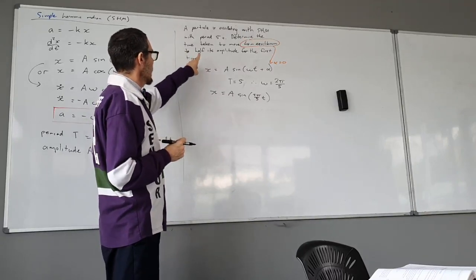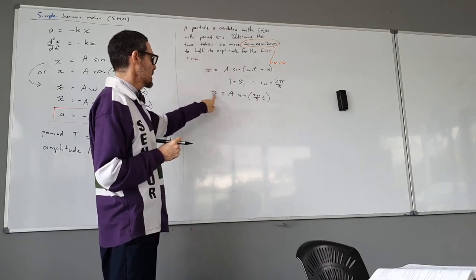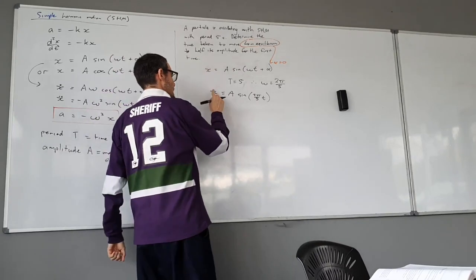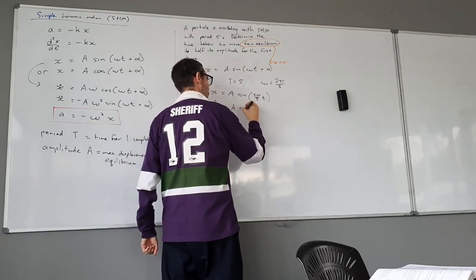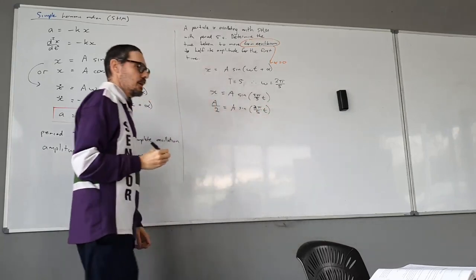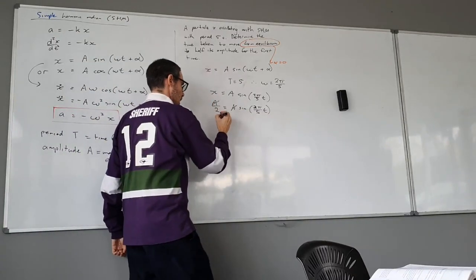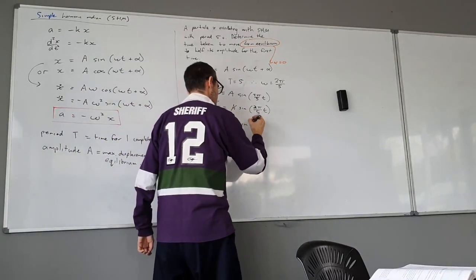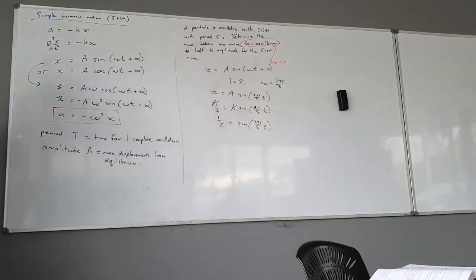I want to work out when it's got to half its amplitude. So this distance is going to be a over 2, so a over 2 equals a sine 2 pi on 5 t. Can we solve that? Yes, we can. A half equals sine of something. Whatever half is sine, what's the angle?